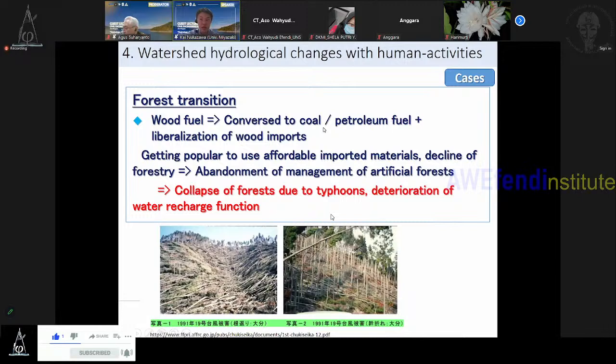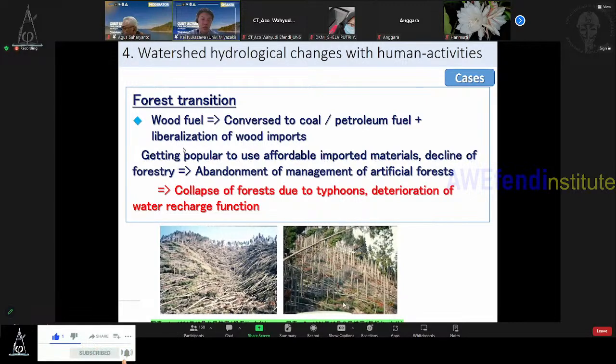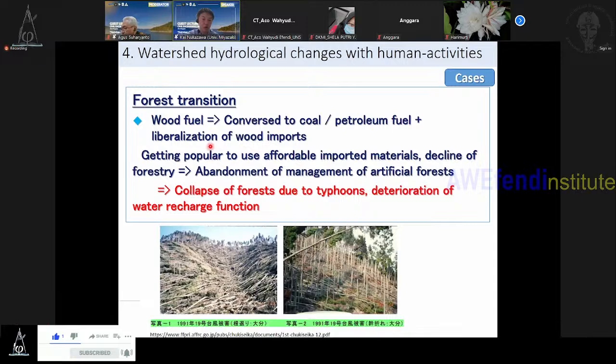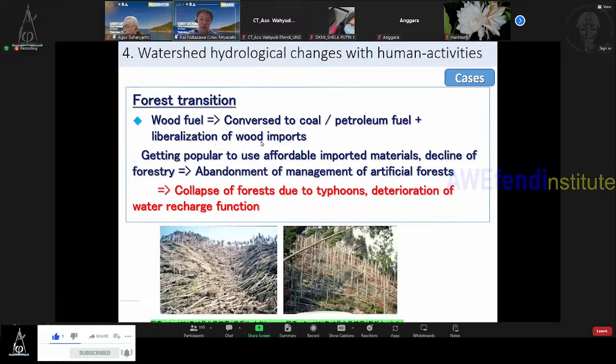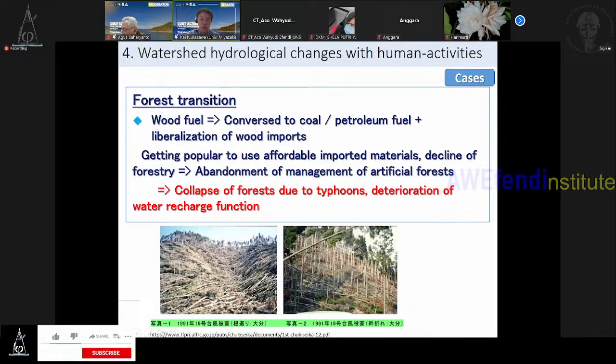So that means the importance of wood for fuel decreased. And also there was the liberalization of wood imports. I mean, cheaper wood materials can be imported from foreign countries.